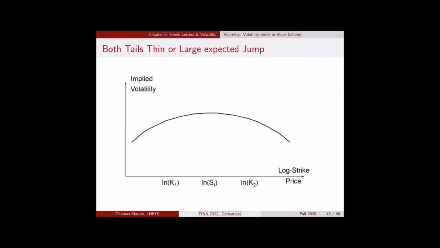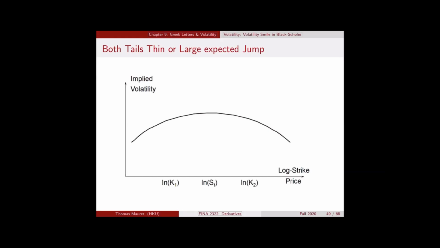We do have also examples where we have exactly the opposite of a volatility smile. So we have here an unhappy face of the implied volatility, where implied volatility is lower if you have a very low strike price, and also lower if you have a very high strike price compared to the at the money option. That on one side could imply exactly the opposite of what we had before.